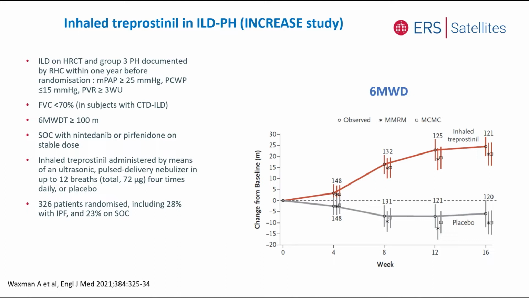However, it has been shown that in patients with FVC less than 70%, not only with IPF but with different ILDs, inhaled treprostinil administered by ultrasonic pulse delivery nebulizer improved the primary outcome, which was the 6-minute walking distance at week 16.